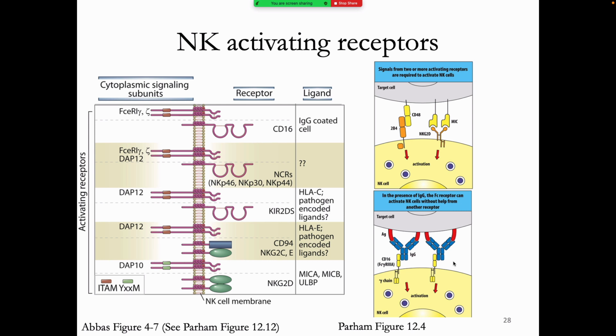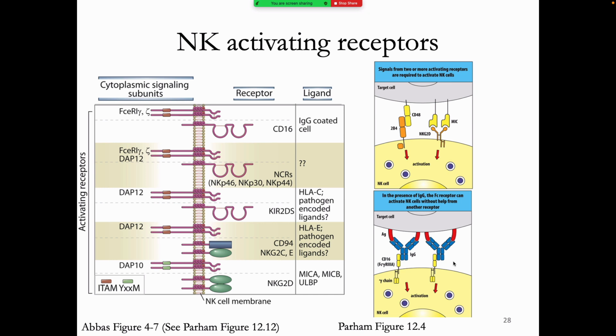That means if we have some kind of cell with an antigen on its surface that has antibodies bound to that antigen, that can turn on our NK cell because there's this Fc gamma receptor that can be turned on by the antibodies.